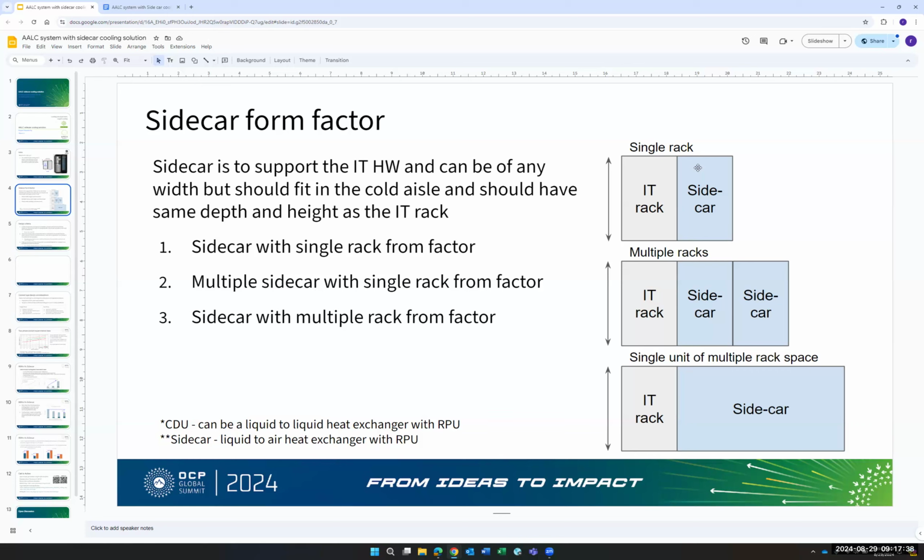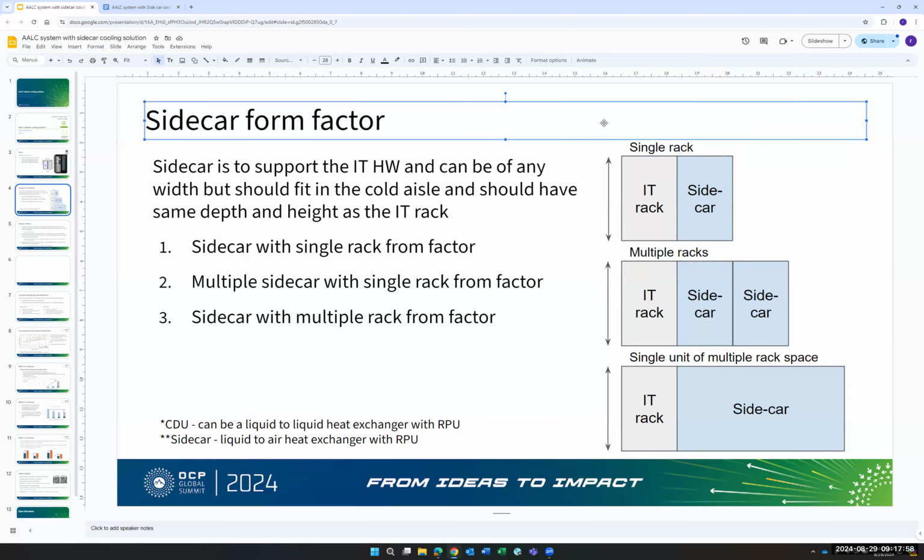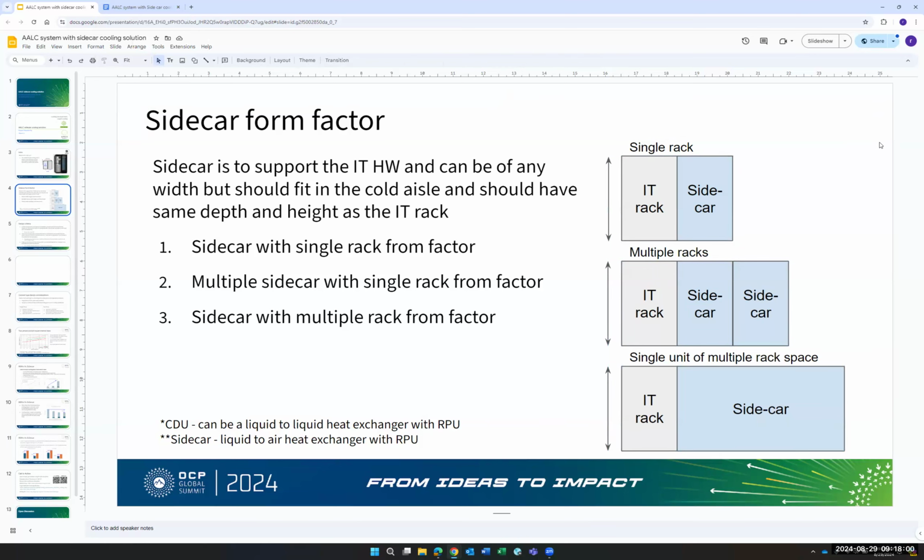Yeah, but I'll go back to the marketing side of this. If this is supposed to be a presentation on sidecars, we're selling sidecars. We're not selling something that's slightly different than a rear door heat exchanger. And to me, the big push for why you would do a sidecar versus a rear door is cooling capacity.